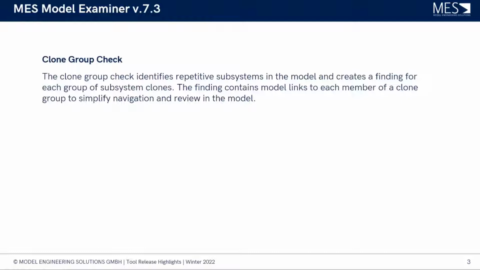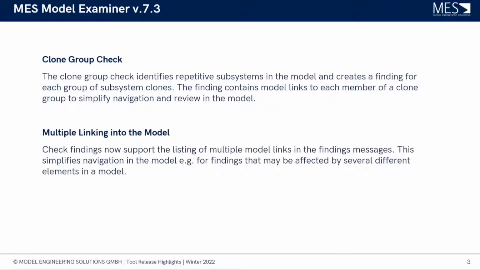There is now a new check that finds clone groups, and clone groups are repetitive or duplicated subsystems in your model that increase complexity. The check can look for these candidates and list findings for it.